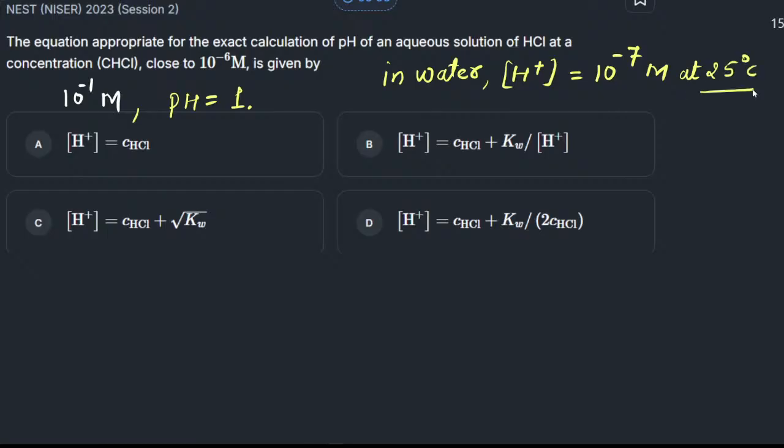So when the concentration is close to 10 raised to power minus 6 to 10 raised to power minus 8 molar, we cannot neglect the contribution from water. So the contribution of water is added.